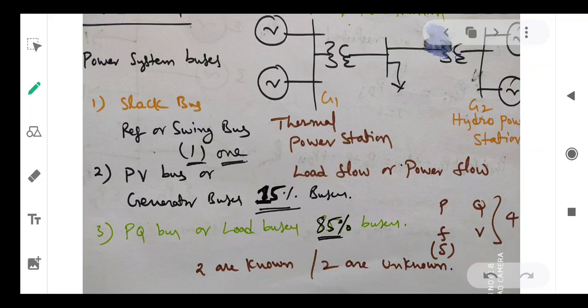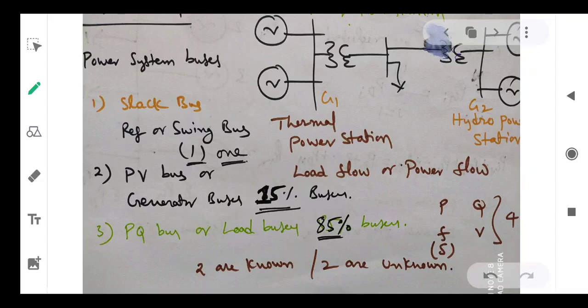At the slack bus, V and delta are specified. Therefore, we need to compute the P and Q of the slack bus, comprising active and reactive power losses as well as active and reactive power spinning reserves, to be obtained after performing the load flow. At the PV bus, P and V are specified, and Q and delta can be obtained.